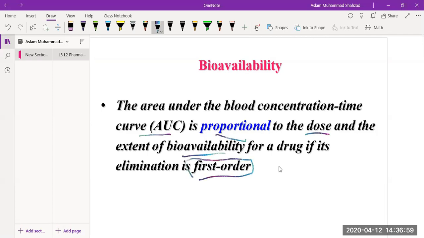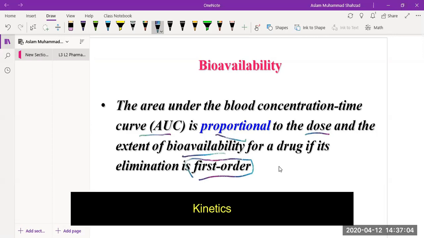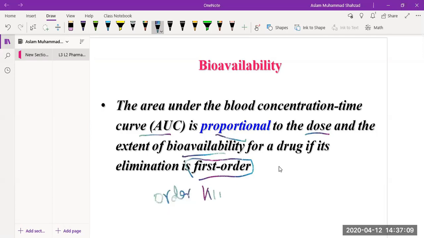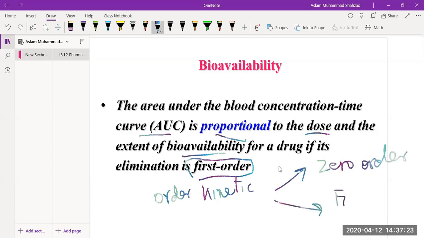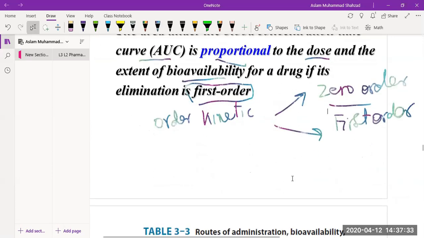So what is meant by first order? Actually, it is a type of order kinetics, and we can divide it into two orders. One is zero order, the other one is first order. The zero order kinetics drugs are not concentration dependent.